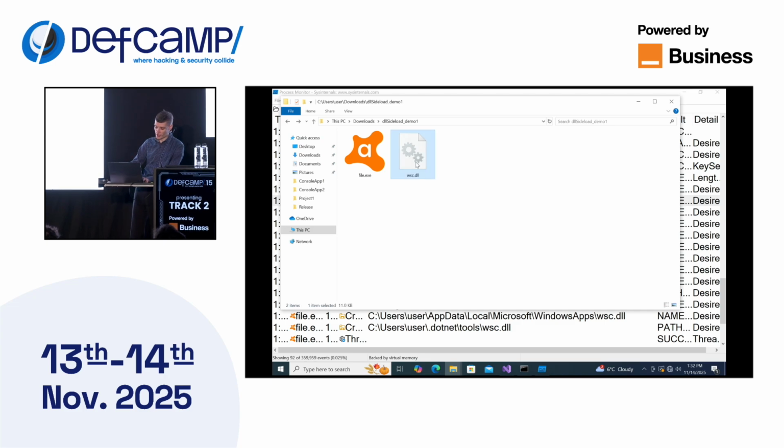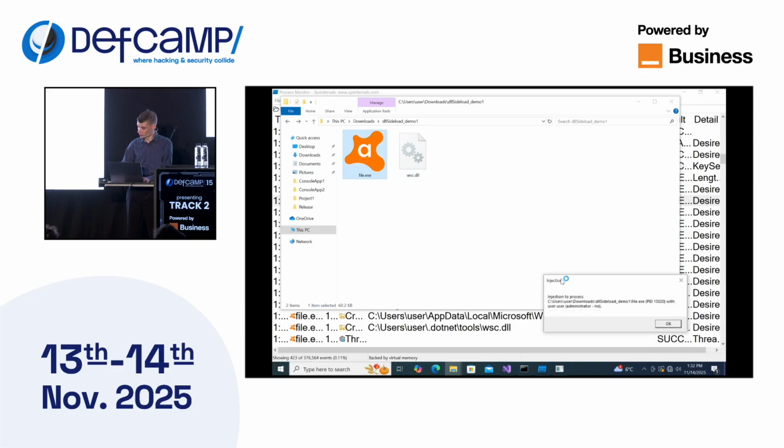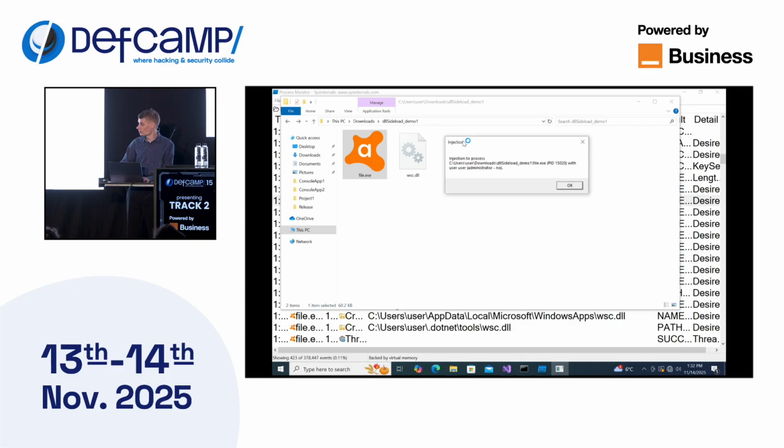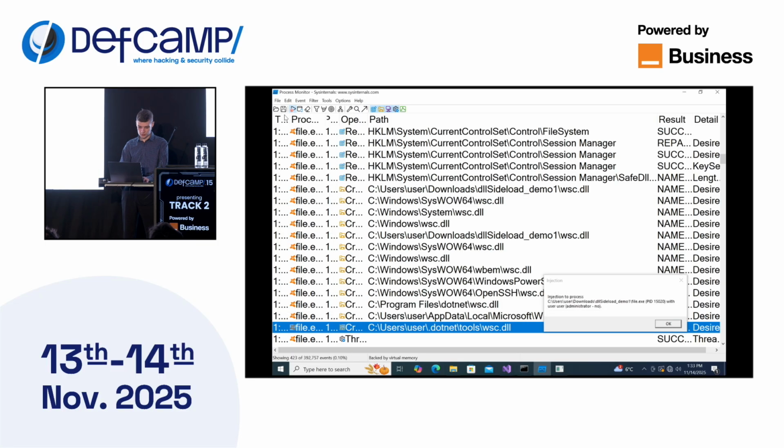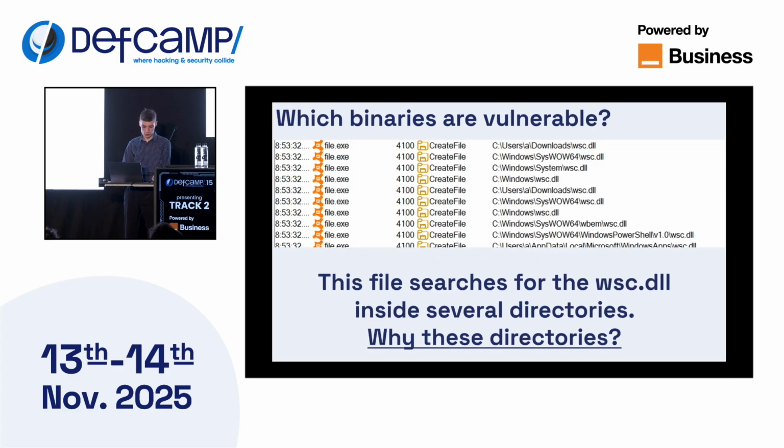If I paste this DLL into the same folder as the executable and launch the executable, we see a pop-up. It means that our malicious DLL is now working. In our case, it simply launches a pop-up that says that the DLL has been injected into this process successfully. So this is how it works.